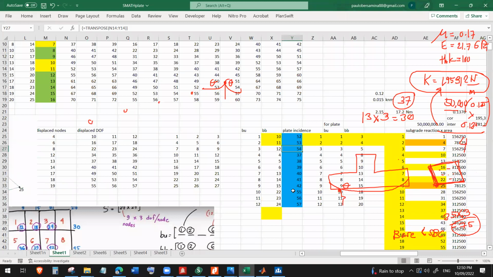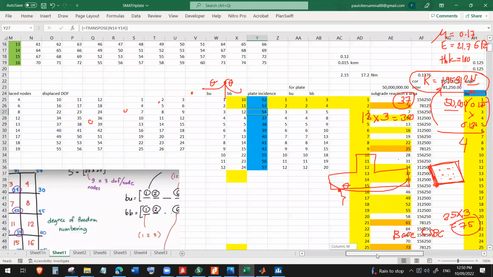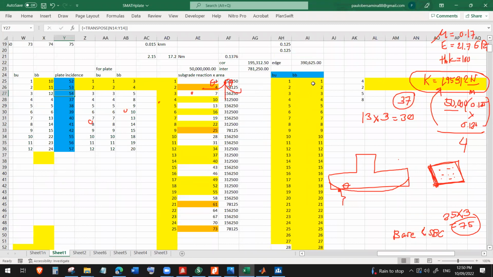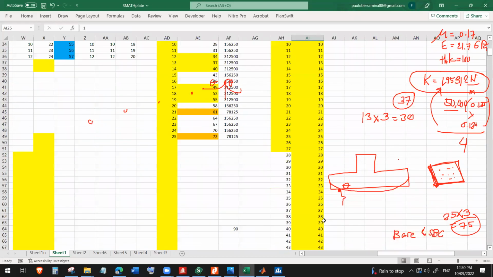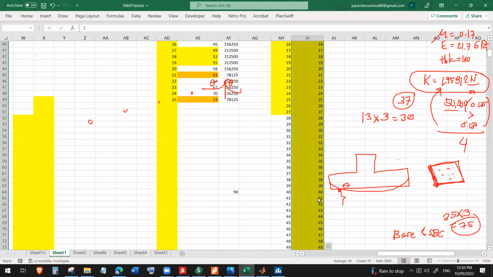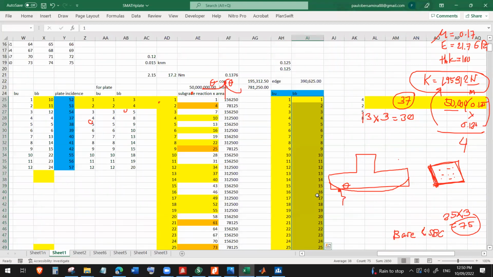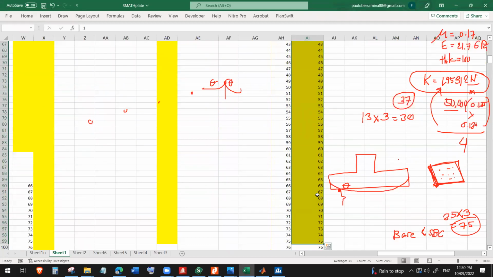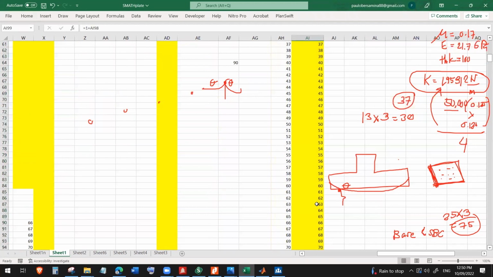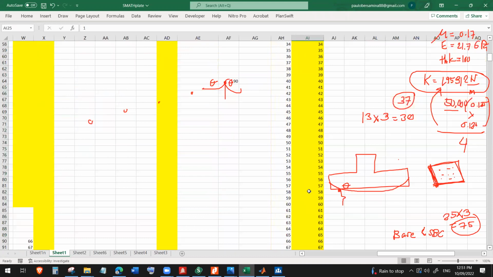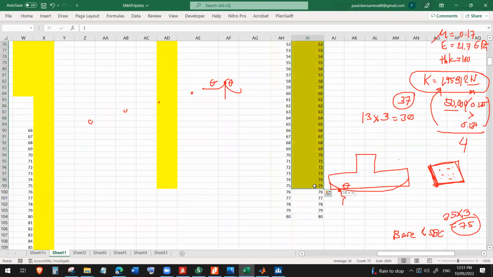So unlike with the previous problem, in the isolated foundation, as I said earlier, all nodes, all degrees of freedom will be solved. All of them should be determined. So that's why it's from 1 to 75. Therefore our S matrix will be 75 by 75.